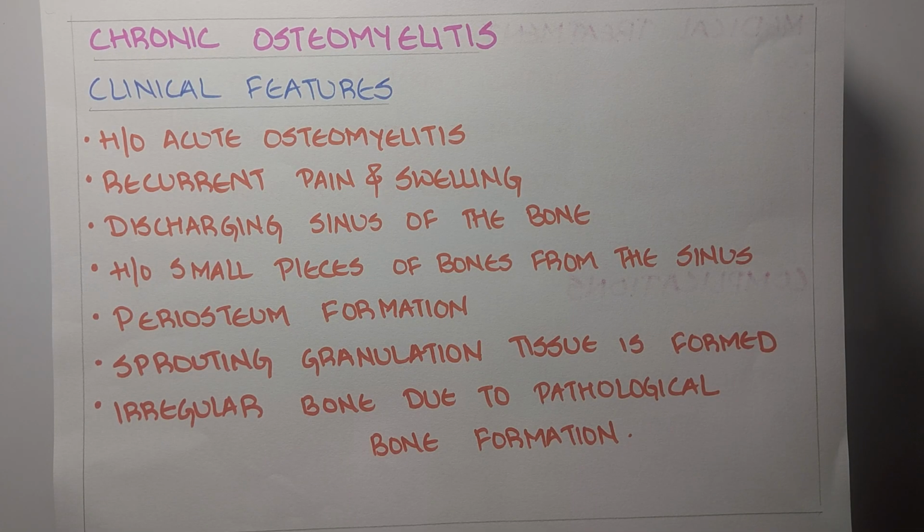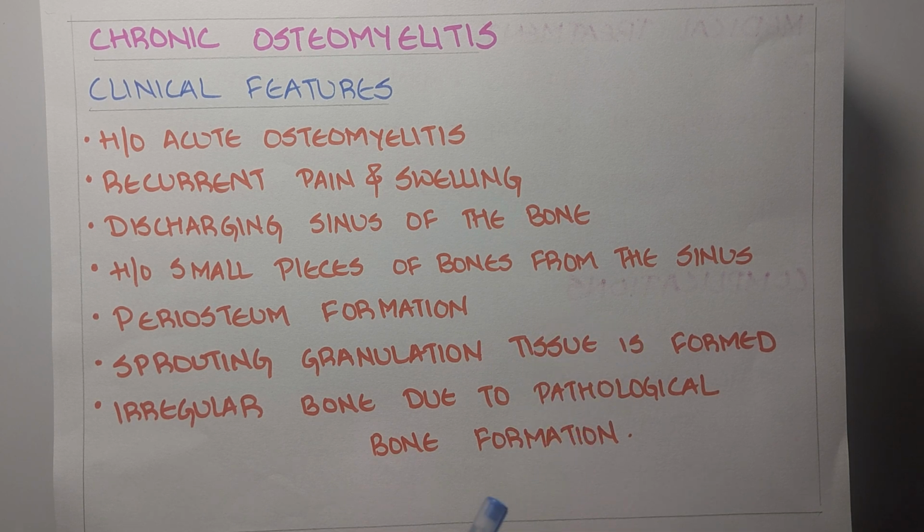Now, moving on to the clinical features of chronic osteomyelitis. Firstly, there will be the history of acute osteomyelitis. So the patient or the patient party will tell you that the person was having acute osteomyelitis, which has now transferred into the chronic osteomyelitis. Next is recurrent pain and swelling, discharging sinus from the bone, and there is also history of small pieces of bones from the sinus.